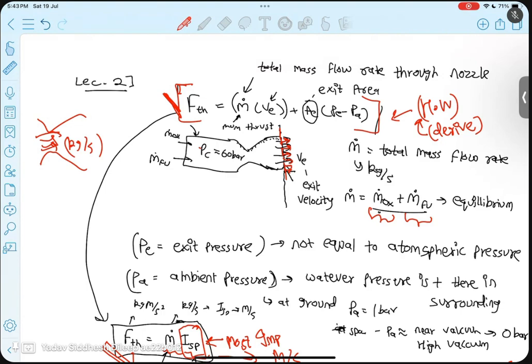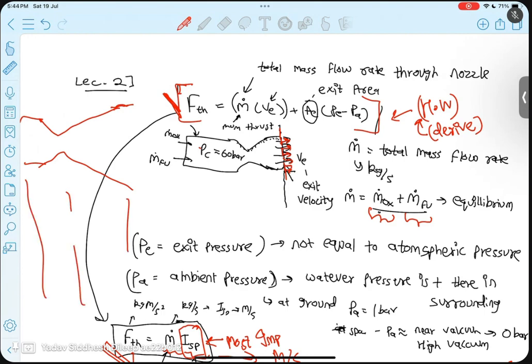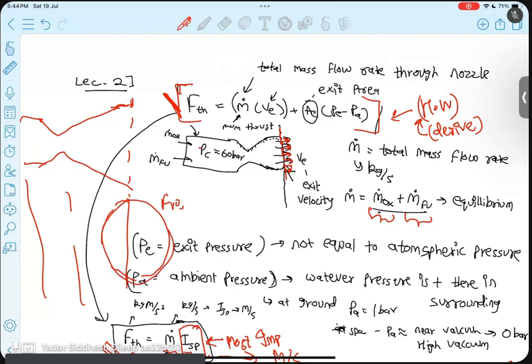Now let me explain this part. This is a rocket nozzle like this. This is the engine, this is the nozzle, and this is where the nozzle ends. If I map it, this region will be something like this, if you observe from the front view. Now this area is the exit area, or the cross section area at the exit.